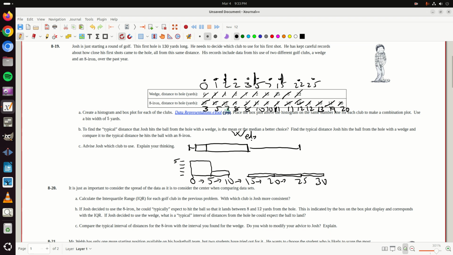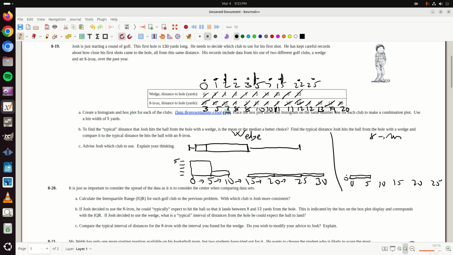I can see I did not leave myself a lot of room for the 9 or the 8 iron, so we'll go 8 iron, and again I'm just going to go 0 to 5 to 10 to 15 to 20. This one, it looks like I only need to go to 25 though, which is nice. So I have 0, 1, 2, 3, 4, so I have 1 on this one.